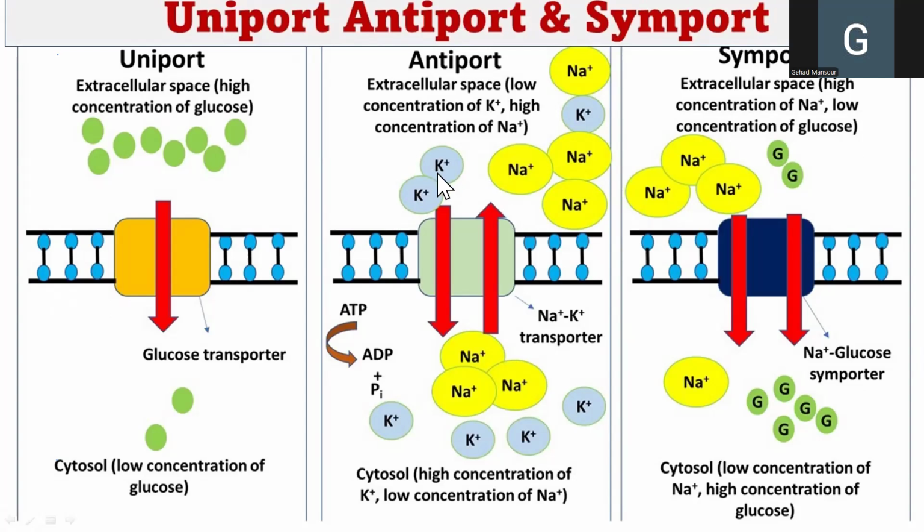So potassium is being pumped using energy from ATP to the inside of the cell. And the purpose of all this is to keep the concentration of potassium very high intracellularly for optimum function of the cell.